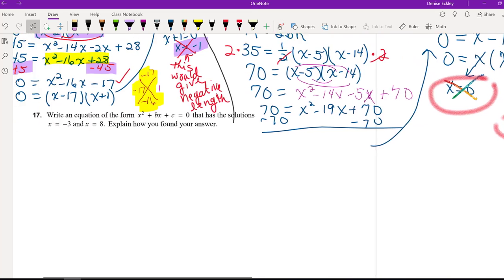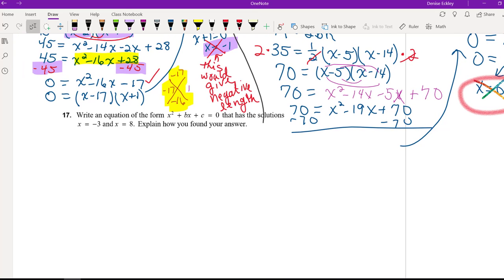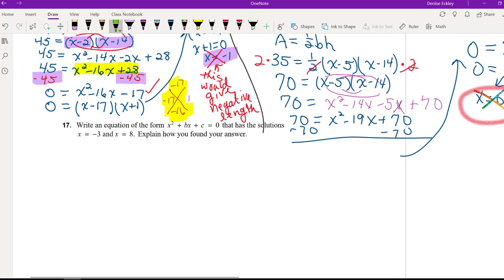So let's go ahead and do that. So we have x equals -3, and so I am going to add that 3 back, so that equals 0 there. So I have x plus 3 equals 0, and I'll do the same thing with the 8.